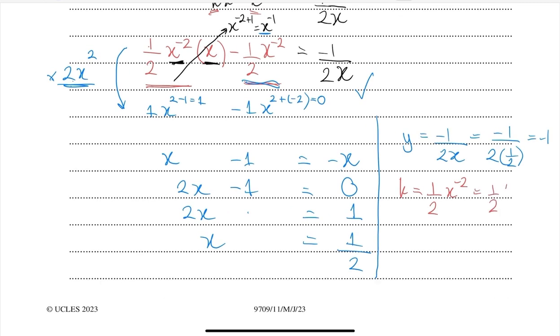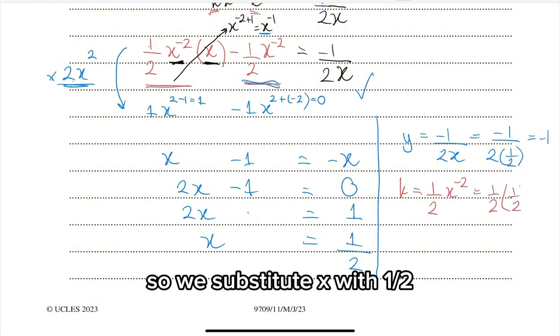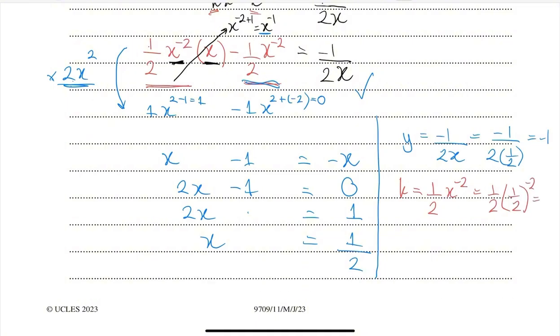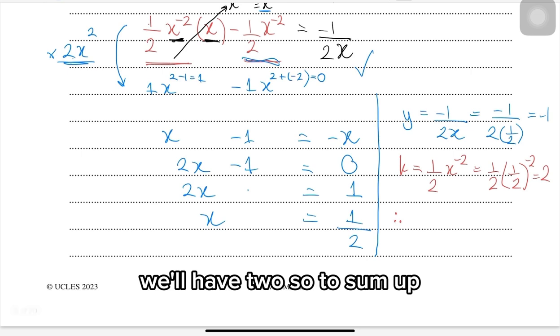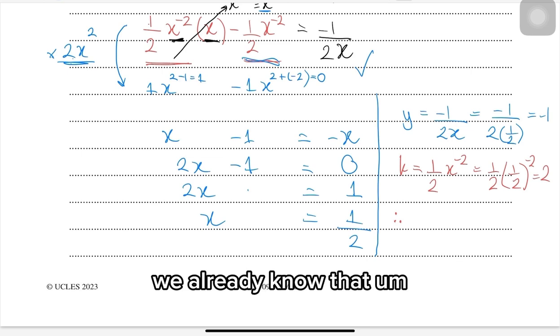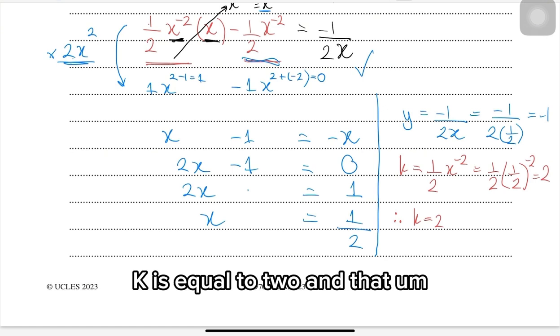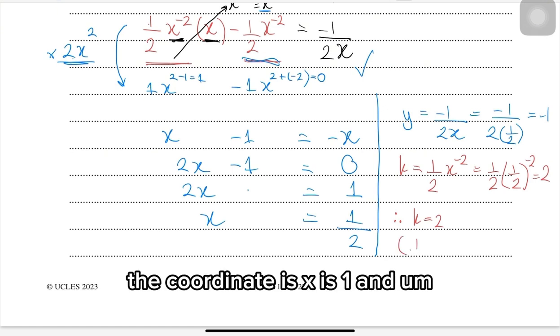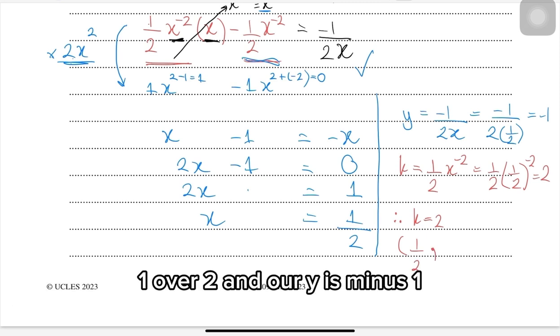So we substitute x with a half, and we'll have 2. So to sum up, we already know that k is equal to 2, and that the coordinate is x is 1 over 2, and our y is minus 1.